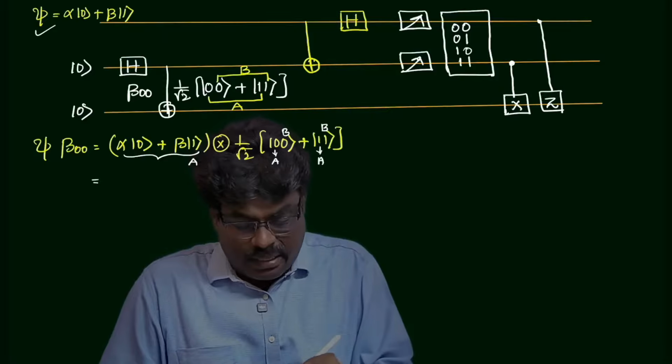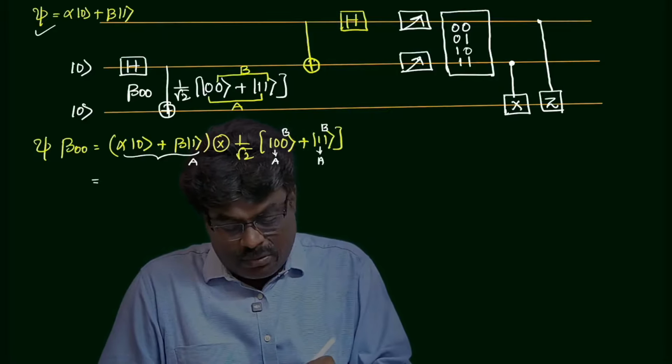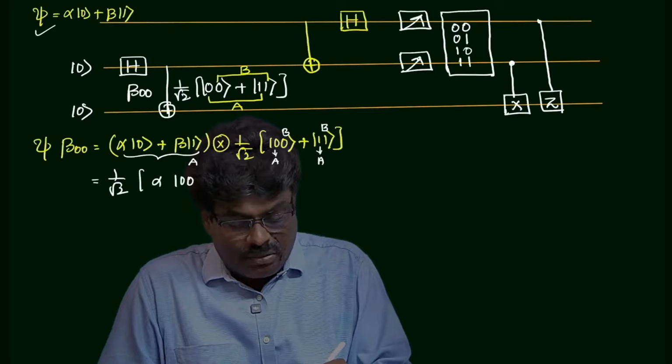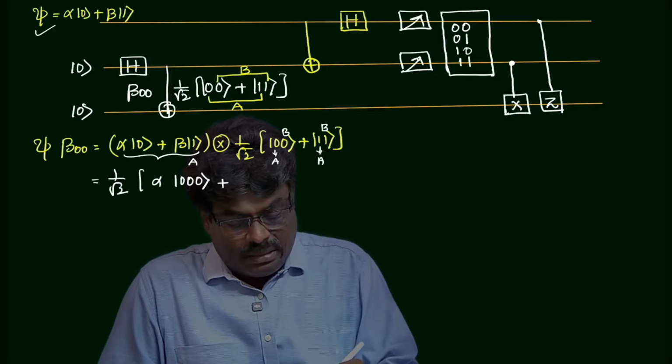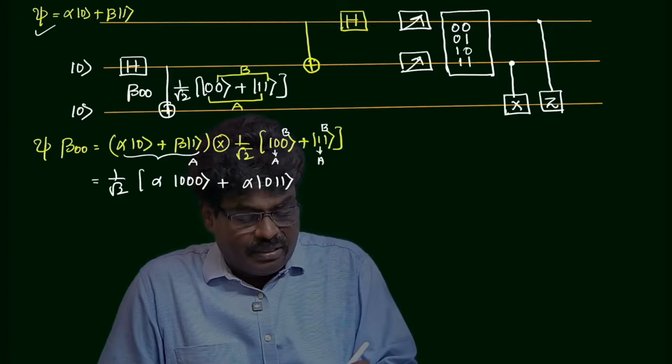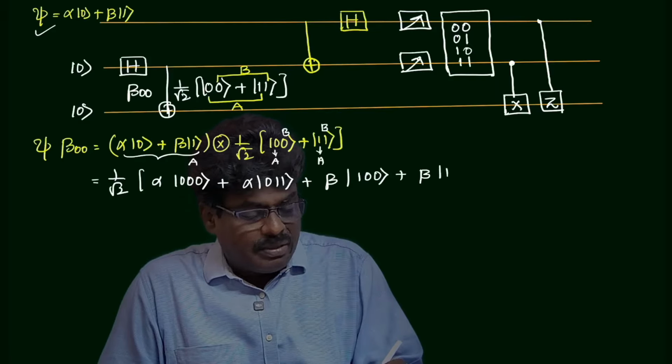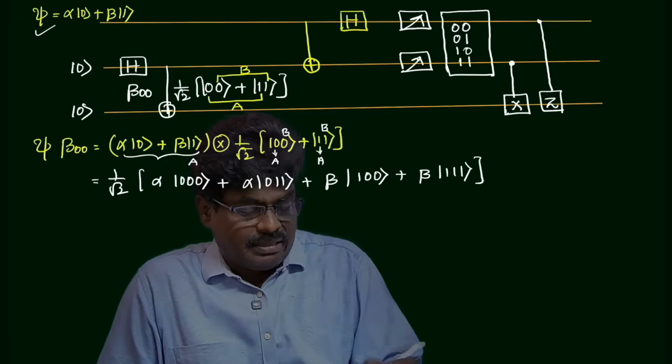This is nothing but, of course, 1 over root 2 alpha 0 0 0 plus alpha 0 1 1 plus beta 1 0 0 plus beta 1 1 1, like this.